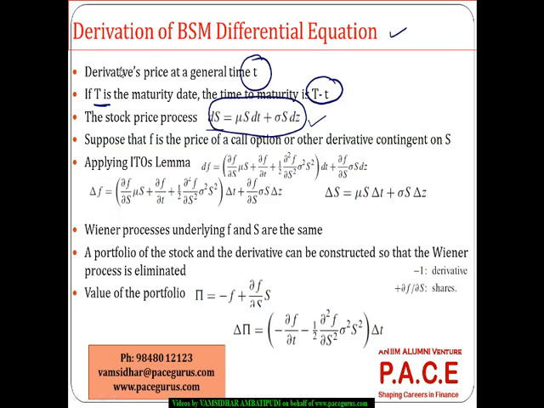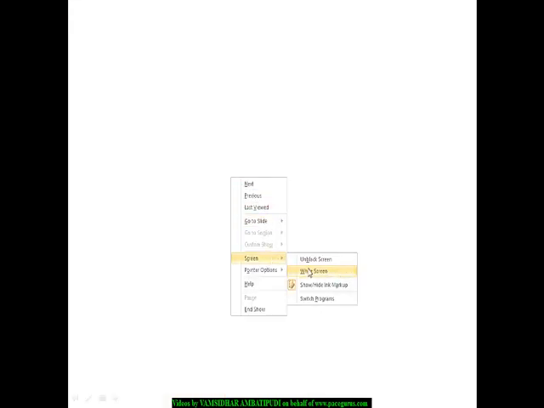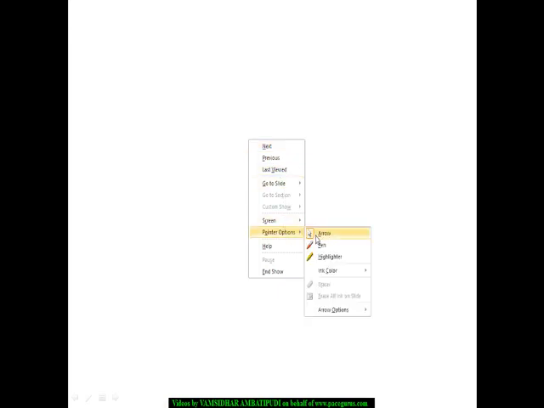So we know that the stock price here follows a geometric Brownian motion, which means dS is equal to mu S dt plus sigma S dz.